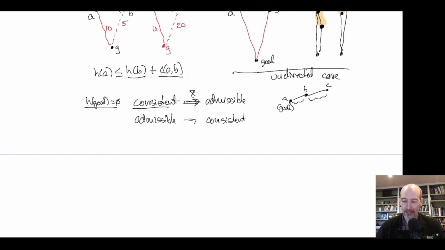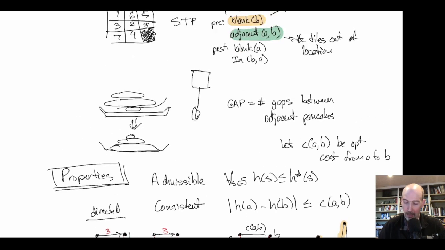And what we can see, for instance, if we go back and look at some of these heuristics, in the pancake puzzle, the heuristic is the number of gaps between pancakes. Every action has cost 1, the heuristic can only add or remove 1 gap, and the heuristic at the goal is 0, and therefore the gap heuristic is going to be both consistent and admissible.